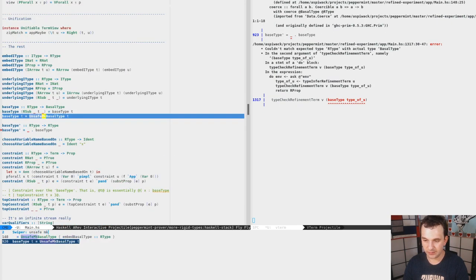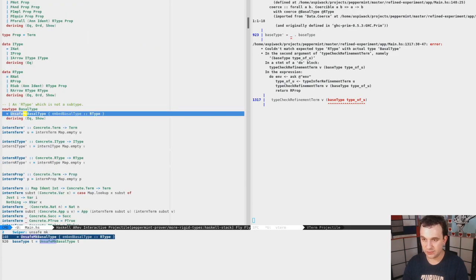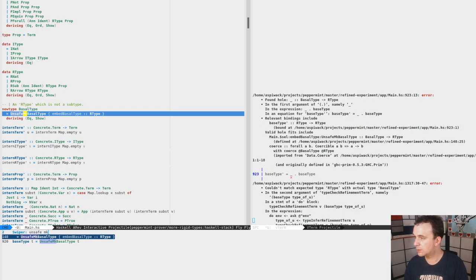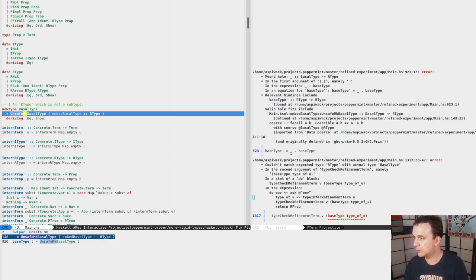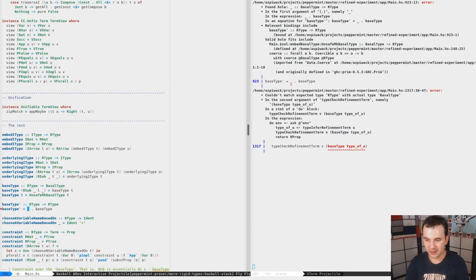Unsafe base type takes an R type to a base type, not the other way around. Oh, that's the selector. That's embed base type. Right. No way to spot it, the name this way.